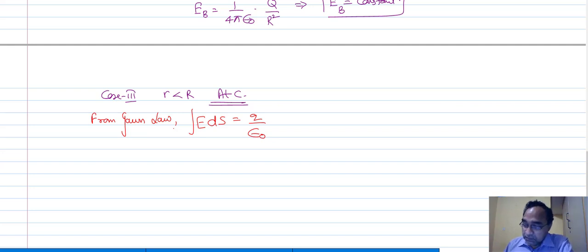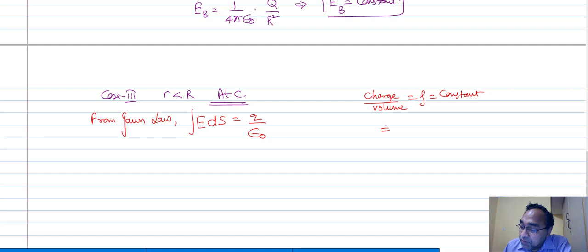So, charge per unit volume will remain constant. So charge upon volume is constant.